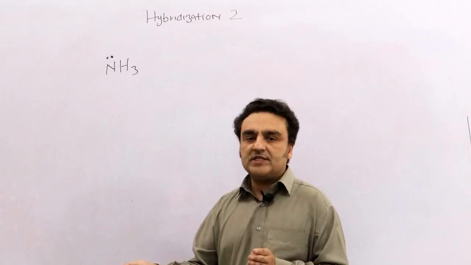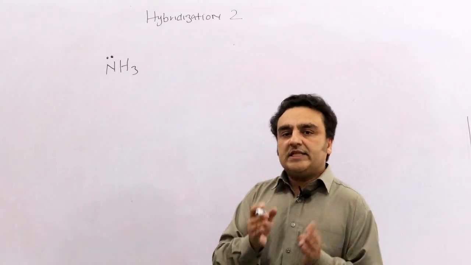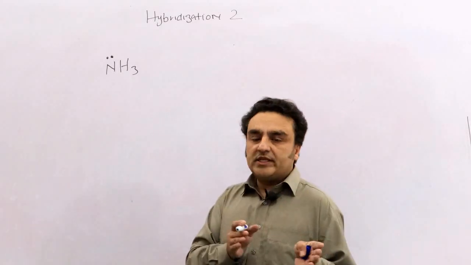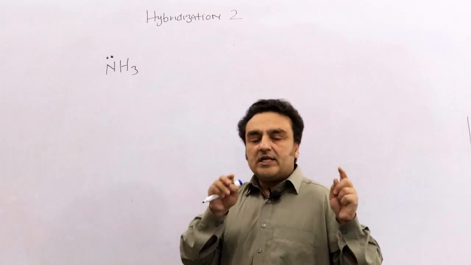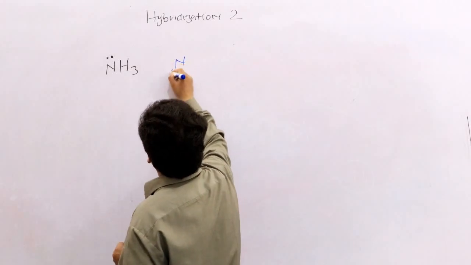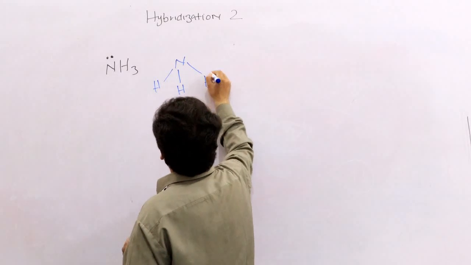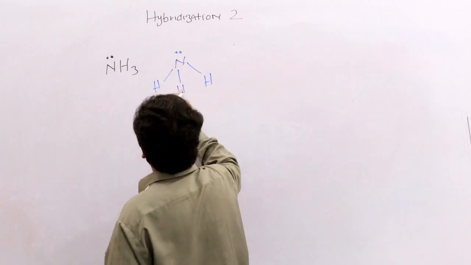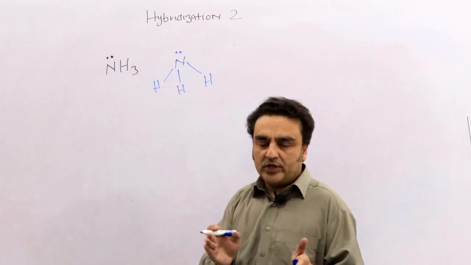Experiments previously performed via spectroscopic techniques showed that the actual angle between the hydrogens is less than 109.5 degrees.